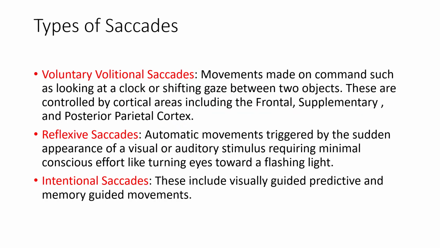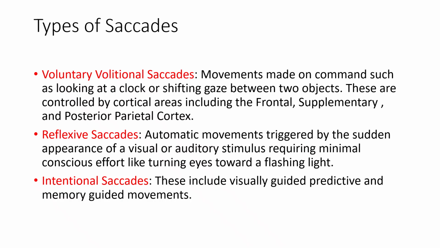Types of saccades. Voluntary volitional saccades, the movements made on command such as looking at a clock or shifting gaze between objects. These are controlled by cortical areas including frontal, supplementary and posterior parietal cortex. Reflex saccades, these are automatic movements triggered by sudden appearance of a visual or auditory stimulus requiring minimal conscious effort, like turning the eye towards a flashing light.